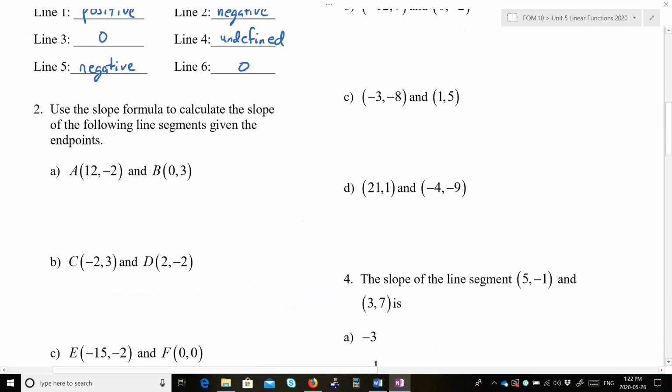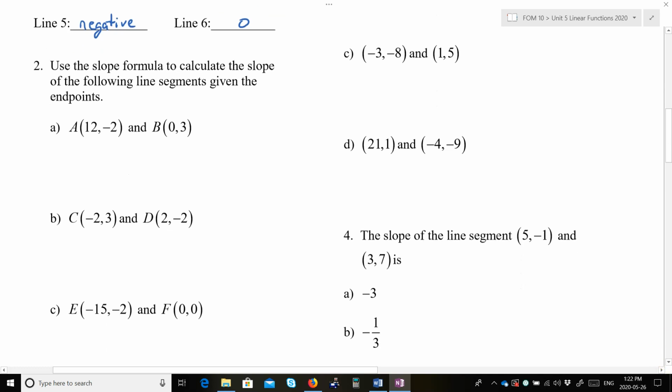Number 2 says use the slope formula to calculate the slope of the following line segments given the endpoints. So the slope formula is this. You go y2 minus y1 over x2 minus x1. Okay. So you have to decide which point is going to be your x1, y1, and which is going to be your x2, y2.